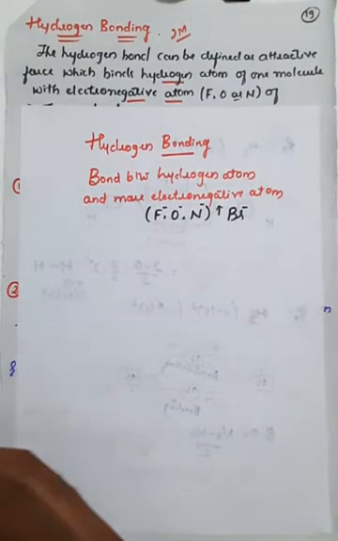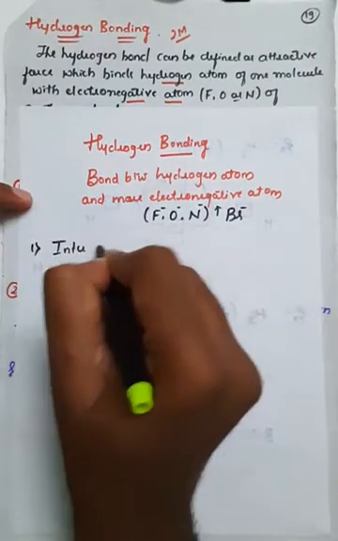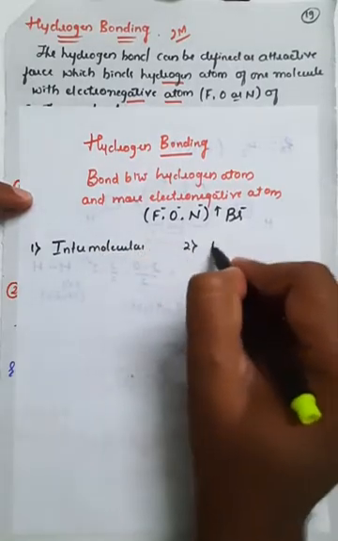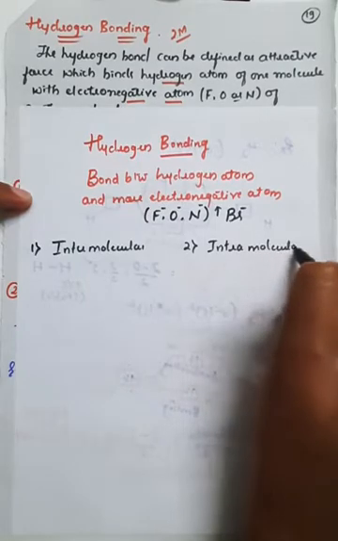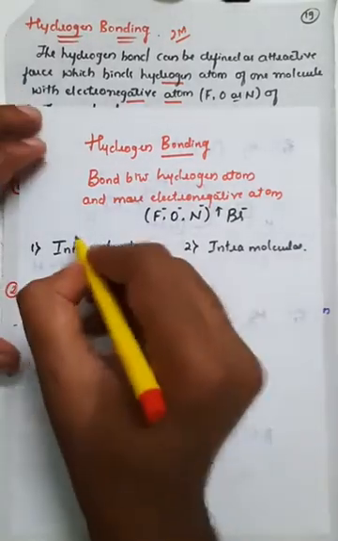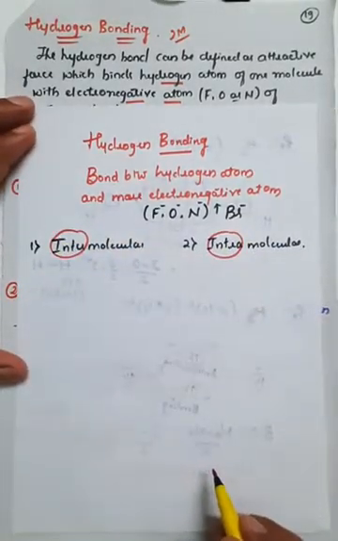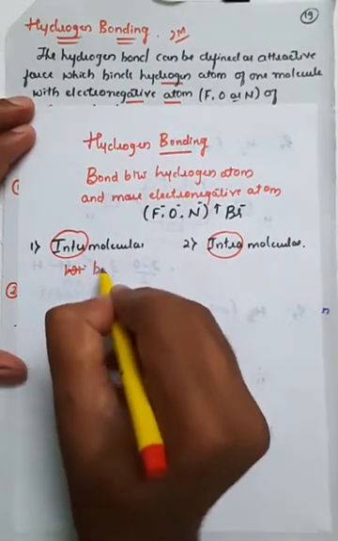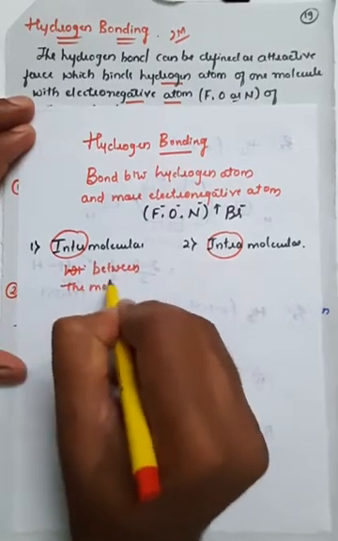So there are two types of hydrogen bonding. One is intermolecular and the second one is intramolecular. First one is intermolecular. This word is very important. Second one is intramolecular. So in intermolecular, what happens? Between the molecules.